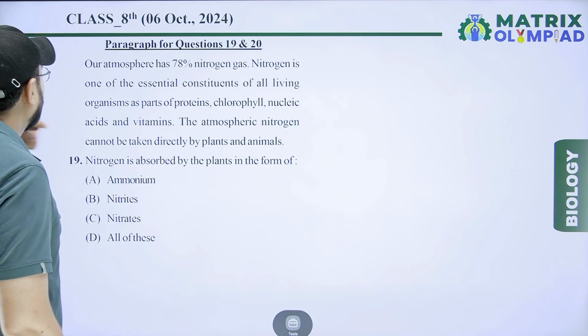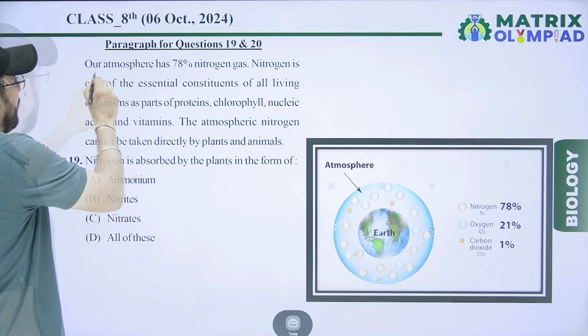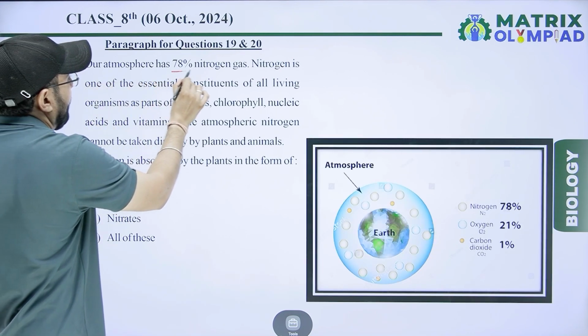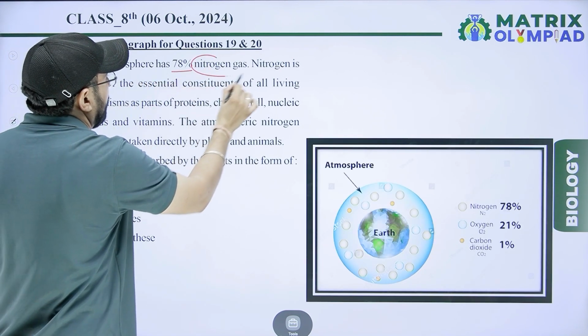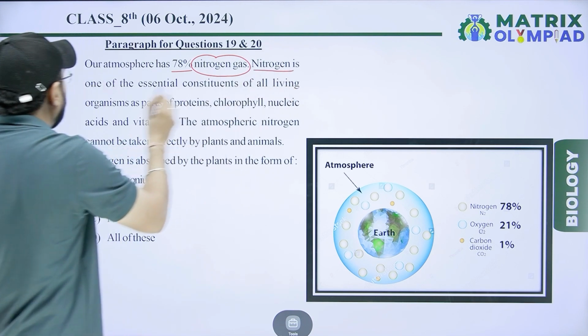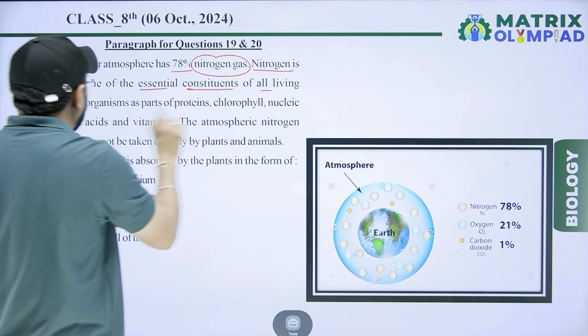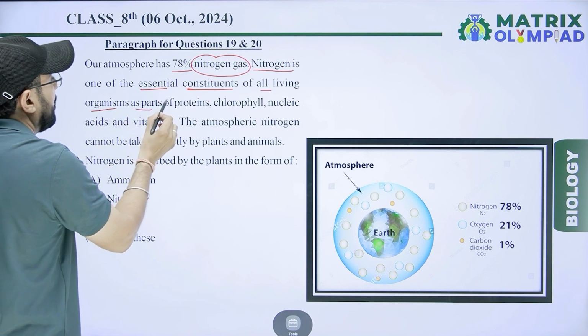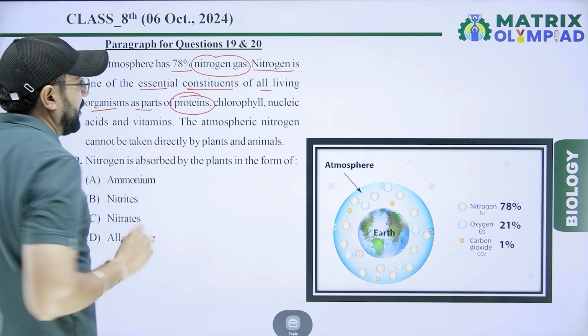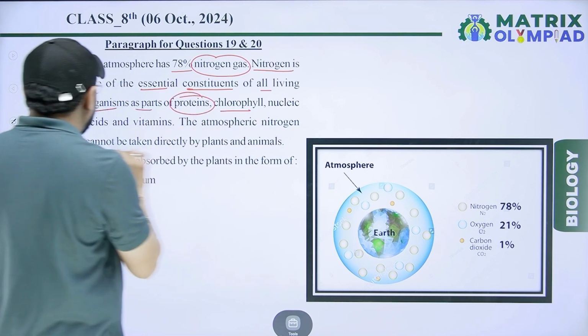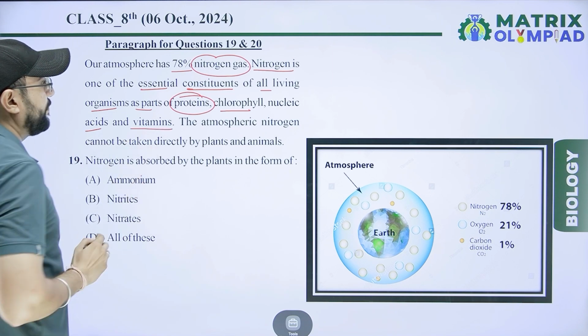Next question is paragraph question. Our atmosphere has 78% nitrogen gas. Nitrogen is one of the essential constituents of all living organisms as part of protein, chlorophyll, nucleic acid and vitamin.